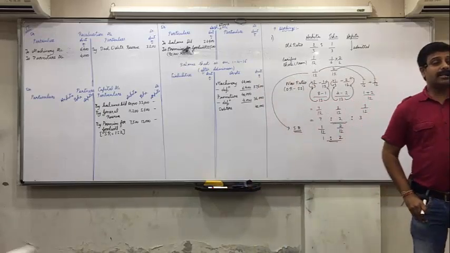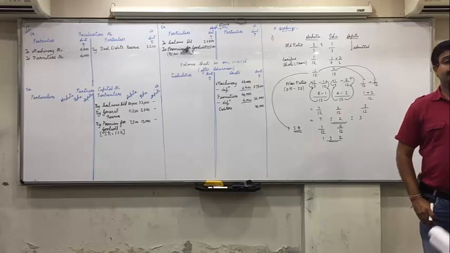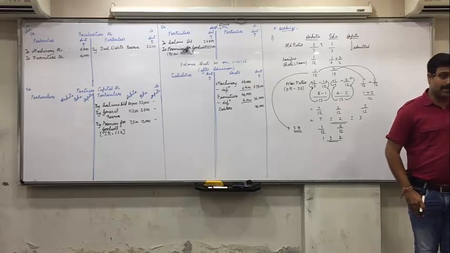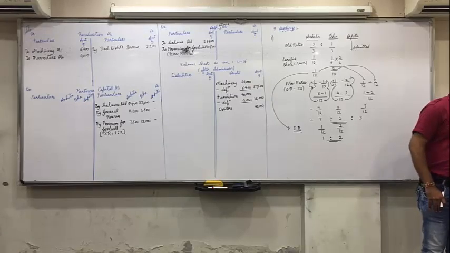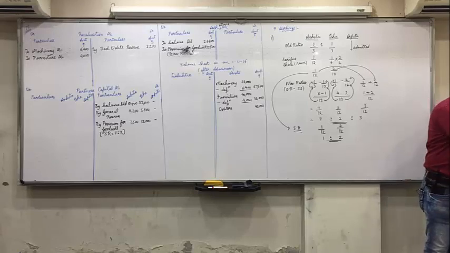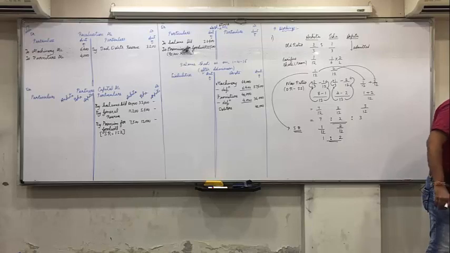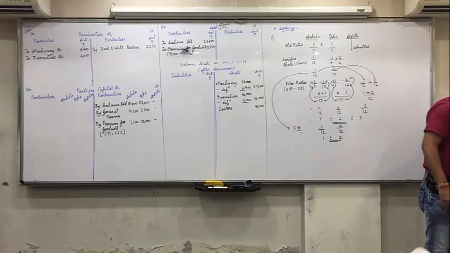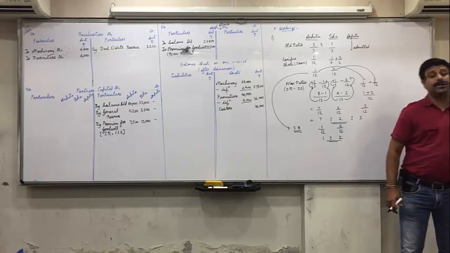Raise your hand who did not understand the adjustment of debtors. All are clear with this? Next. Insurance premium of rupees 2,400 out of 12,000 is to be carried forward to next year.